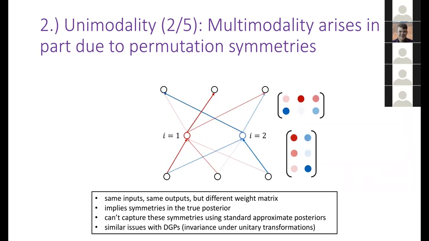And that's now a big problem, because it means that there's either two modes or two global optima in my loss function, or there's two modes in my approximate posterior. And so now I've got big problems either optimizing that loss function or approximating that posterior.